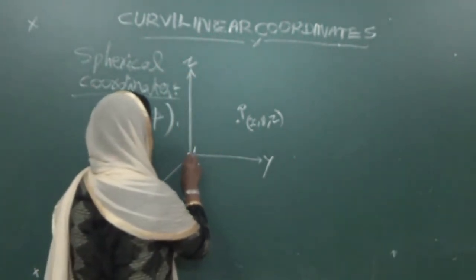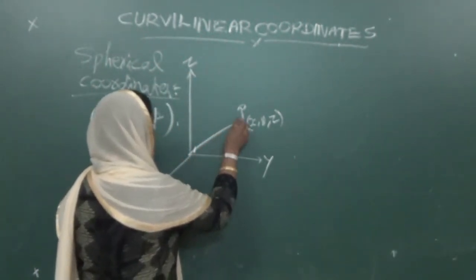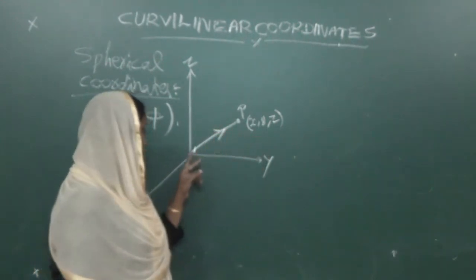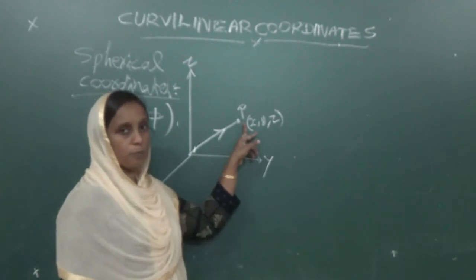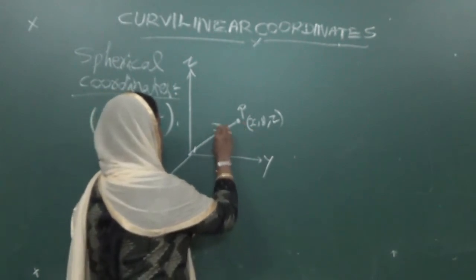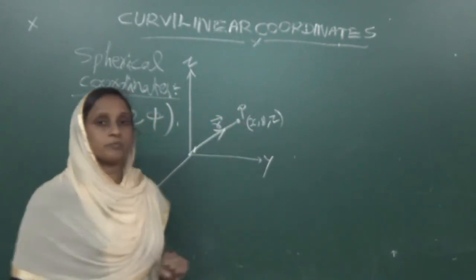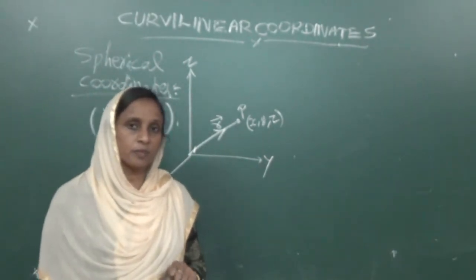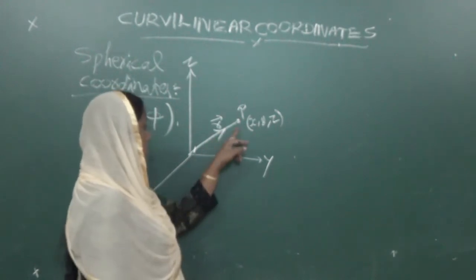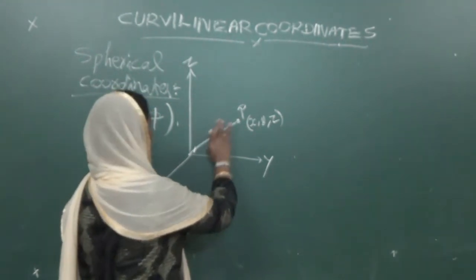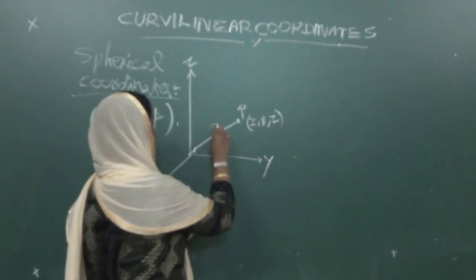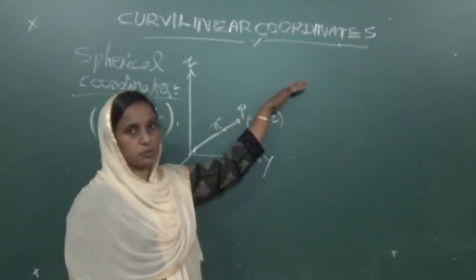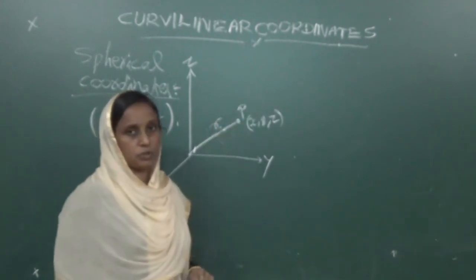So here, this distance from the origin to the point P is called vector R. It points along this direction. R cap is along this direction.